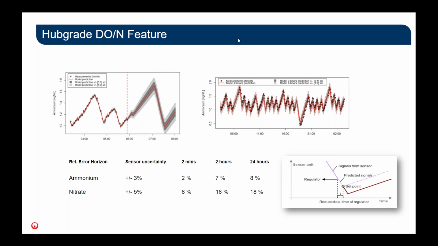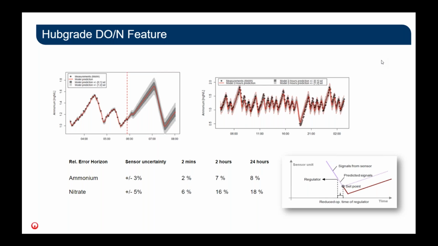As we all know, when you make a change in any particular parameter in a treatment system, the impact isn't fully felt immediately. There is some amount of time. That's where the digital twin comes in, and you can anticipate how long it's going to take to fully affect the change, and make your changes in accordance with that. So it is important that the signals be reliable and be accurate.